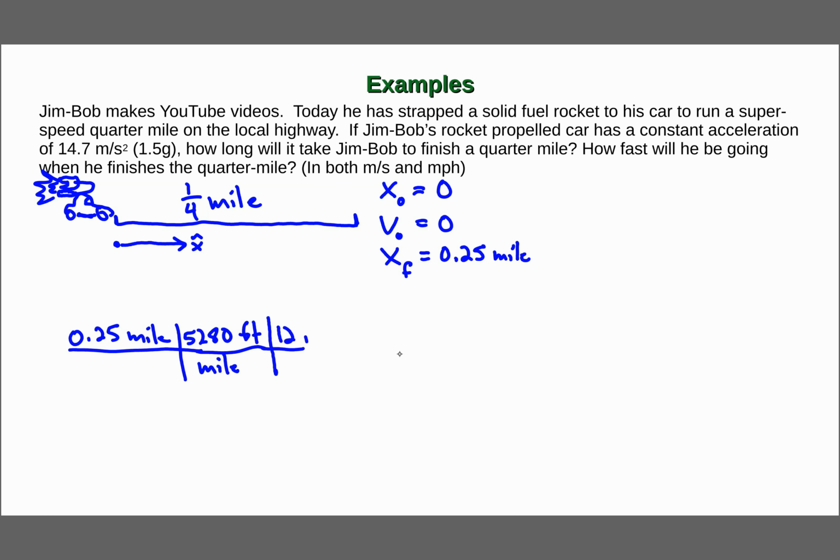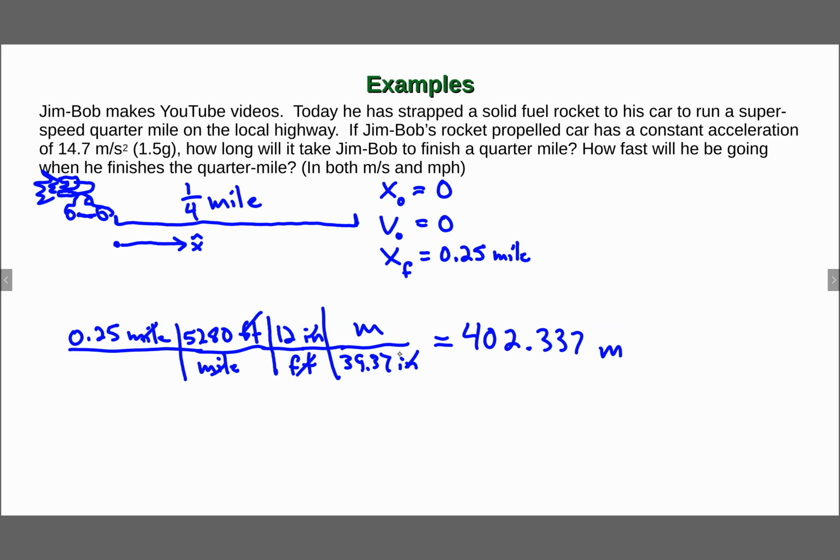There are 12 inches in a foot, and there are 39.37 inches in a meter. So the miles cancel, the feet cancel, the inches cancel, and we're left with meters. And this is 402.337 meters.